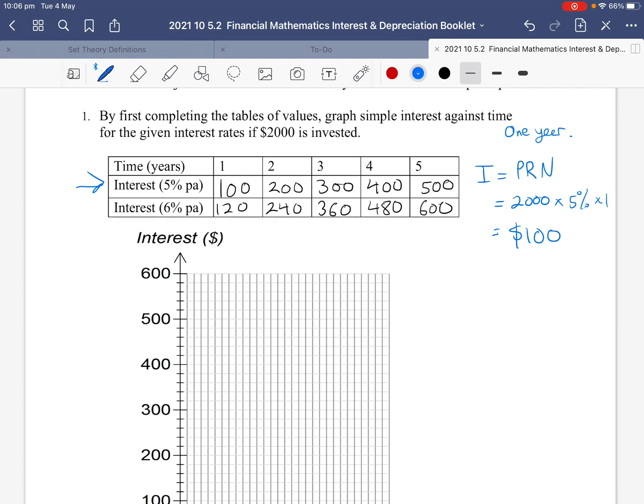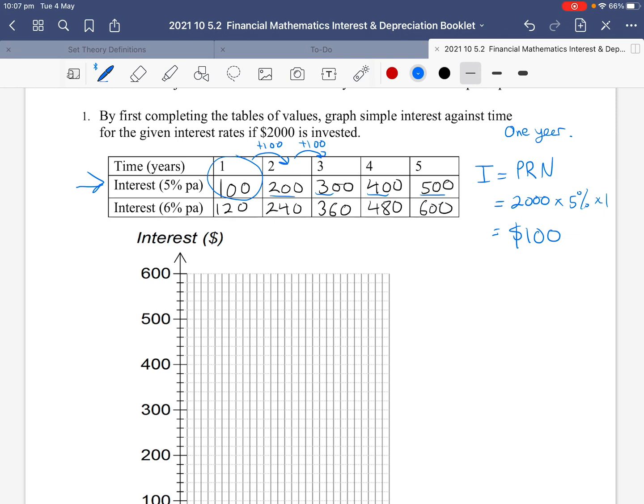And so in each of these tables, after 1 year we get $100 of interest, and then every year we add on an extra 100, and so you can see that happening in the table. Each time we add on $100 to get $500 after 5 years.